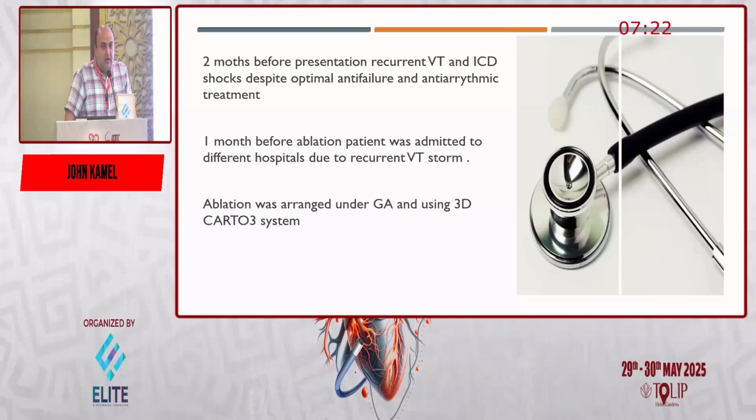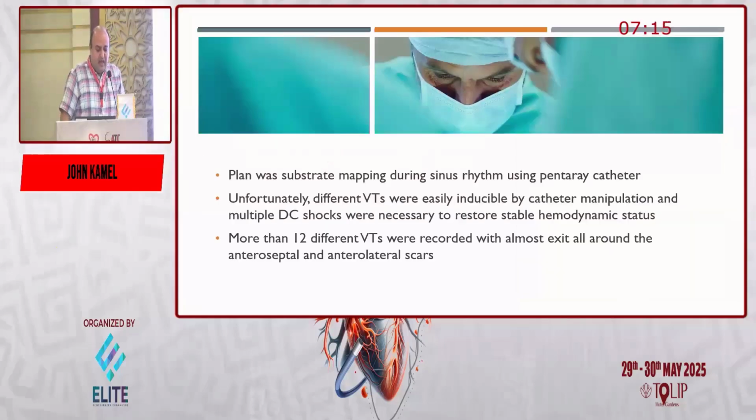So ablation was arranged under general anesthesia using the 3D CARTO system. The plan was first substrate mapping, because when I saw the ICD recording of the device, it was Medtronic, I could see most of the VTs had the same cycle length. So I was hoping that there is only one VT that shares all these ATP and shocks.